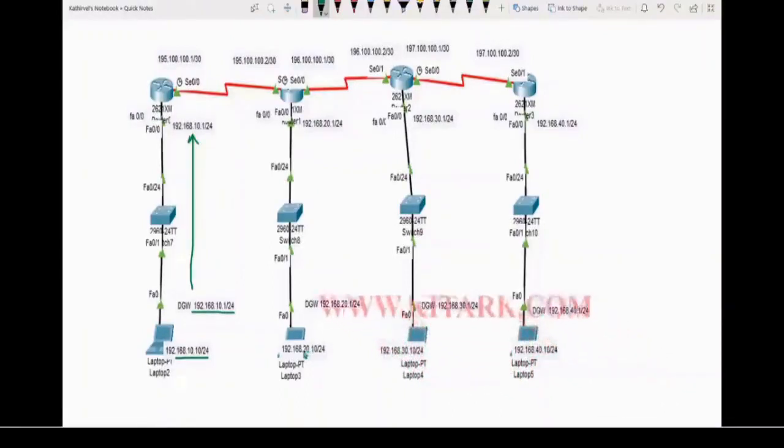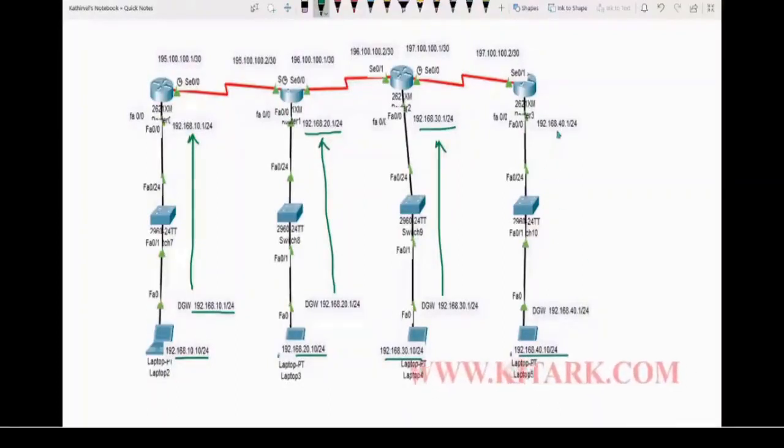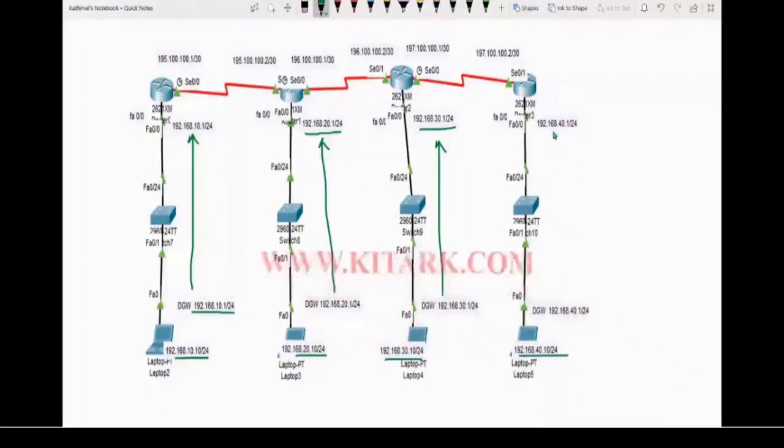For 192.168.20.10, 192.168.20.1 is going to be the default gateway for this PC. For the next one, the 192.168.30.10 PC, 192.168.30.1 is going to be the gateway. So while configuring the default gateway, you need to specify the exact IP address of the router's interface.